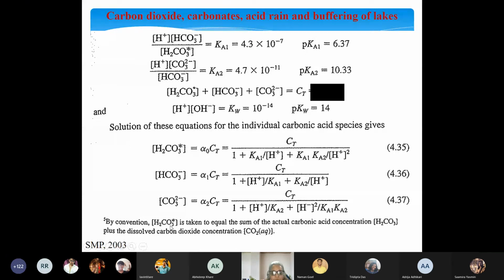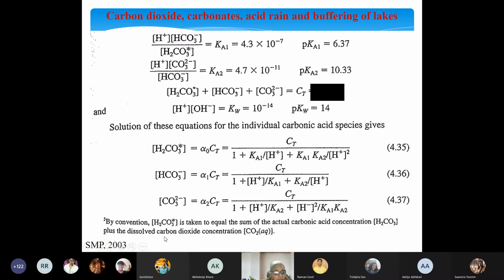This H2CO3*, like I said, has two chemical species. One is the actual carbonic acid, H2CO3, which is formed by the reaction of CO2 in aqueous systems with water. When CO2 reacts with water, it forms carbonic acid, and that is what we are looking at here.